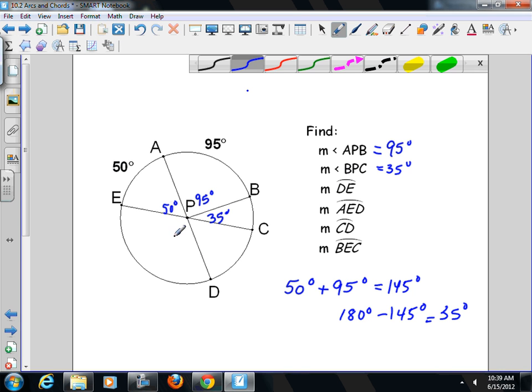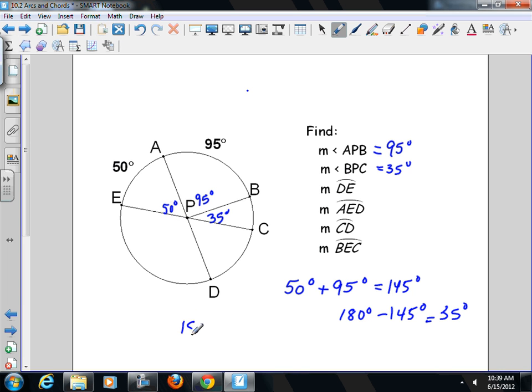So the straight line, of course, has a measure of 180. So if I take 180 minus 50 degrees, that gives me 130 degrees, which must be the measure of this angle, DPE. Well, the minor arc has the same measure as the central angle, so minor arc DE measures 130 degrees.